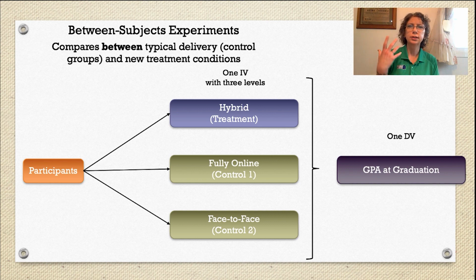So the researcher has to think through what could be causing differences in these three groups. One difference that could happen is that students who sign up for the hybrid course or sign up for the fully online course, if students choose which course they're going to, they might have chosen the one that they like best.